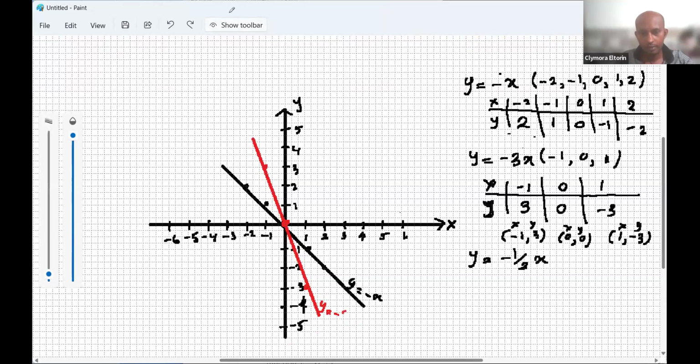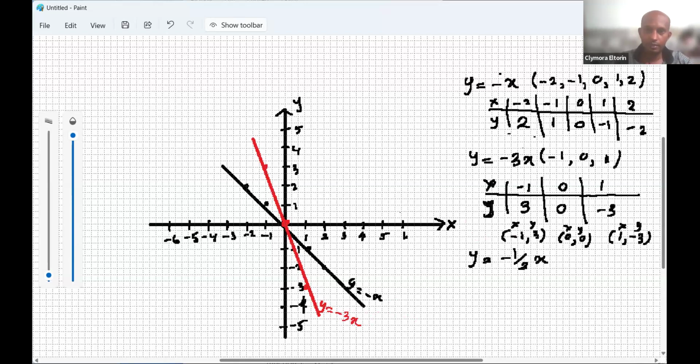Y equals minus 3x. Okay. Then after that, there's another way.